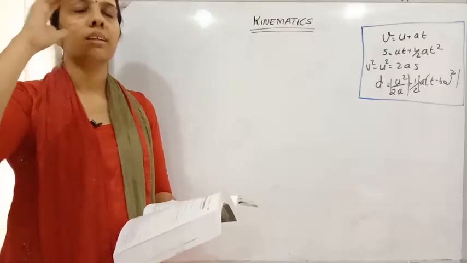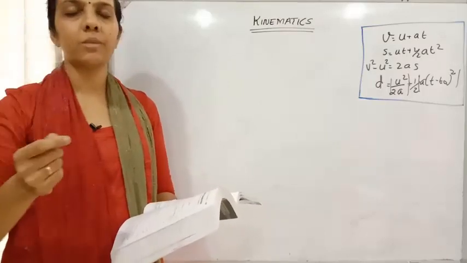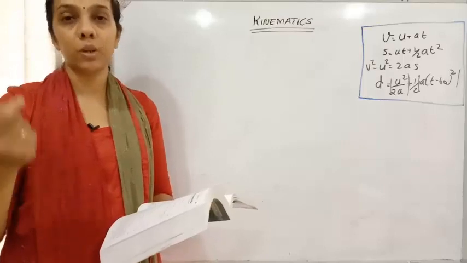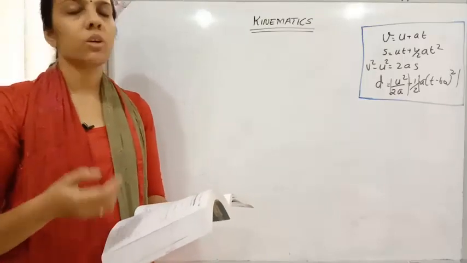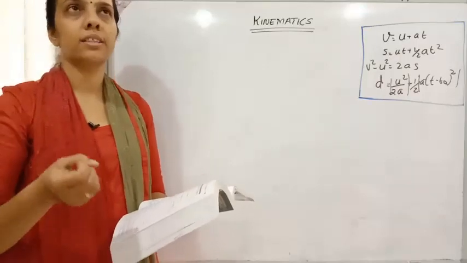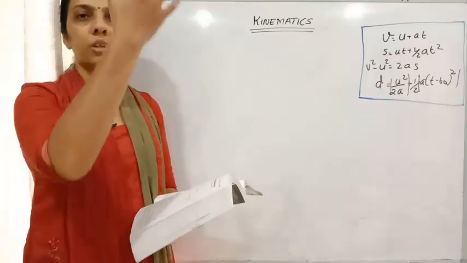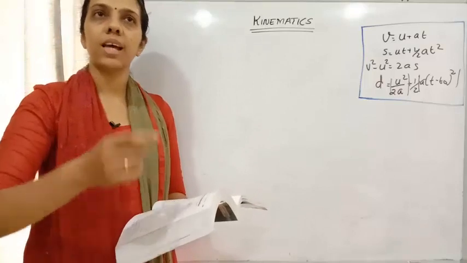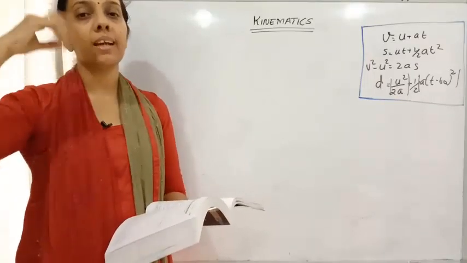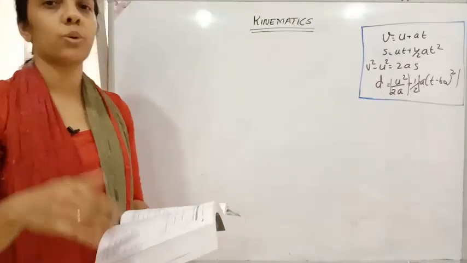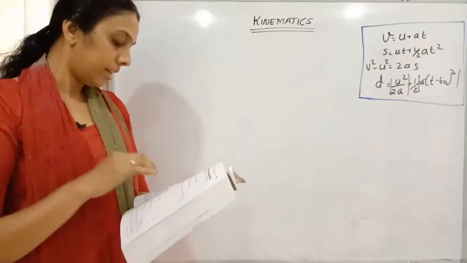So speed and velocity will be varying. It is not constant. If speed is varying, obviously kinetic energy also varies. When we throw it upwards, as the distance increases, potential energy increases and kinetic energy decreases. So kinetic energy also will be varying.